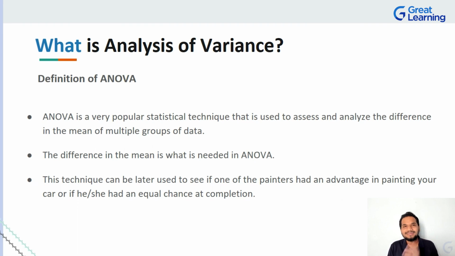But in ANOVA, the biggest advantage is that you have a technique that will help you assess and analyze multiple groups of data at a time, right? Now, multiple groups of data means each will have its own average, mean, median, mode values and everything. And when you say that something is varying there, all you're trying to do is have a fixed point.